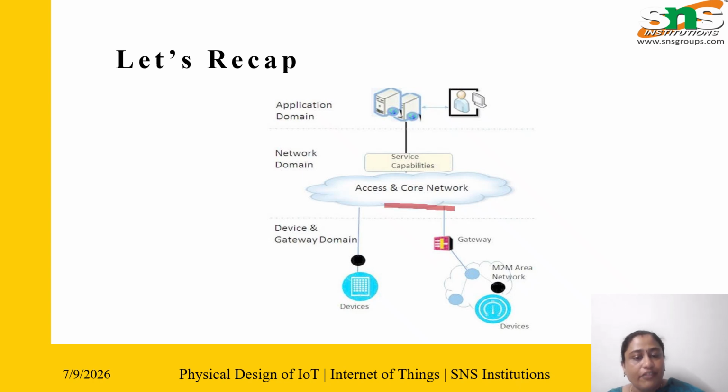The information obtained by the sensor is passed on to the network for further processing, that is, data processing is done. We do the data processing because we have to get some insights or actionable items. The data is passed to the IoT cloud, and from the IoT cloud the service capability and application domain, whichever needs that type of data, will acquire it. This is how the Internet of Things works.